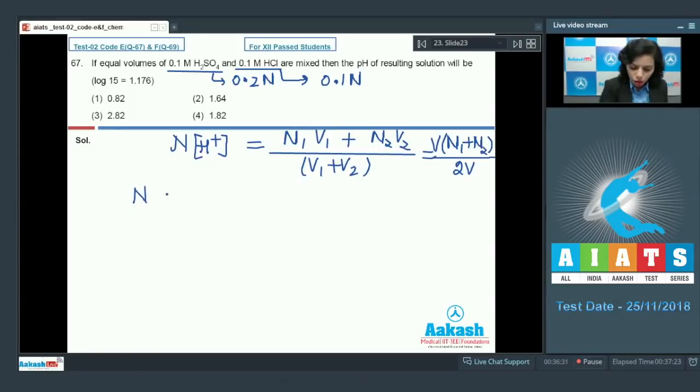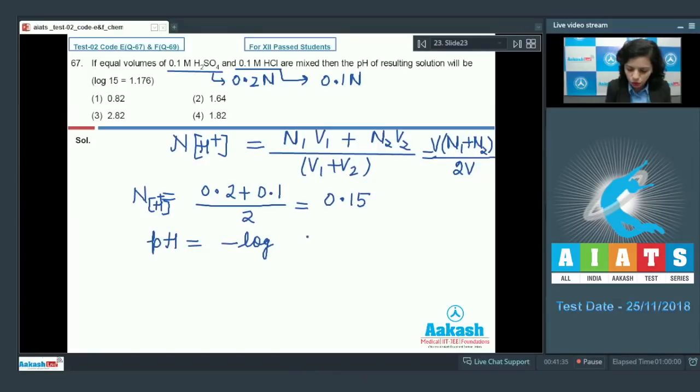So the normality of the final solution would be equal to normality of first plus normality of second, that is (0.2 plus 0.1) divided by 2, and that would be equal to 0.3 by 2 or 0.15. This is the normality for H plus ions. So the pH value is equal to negative logarithm of this value.